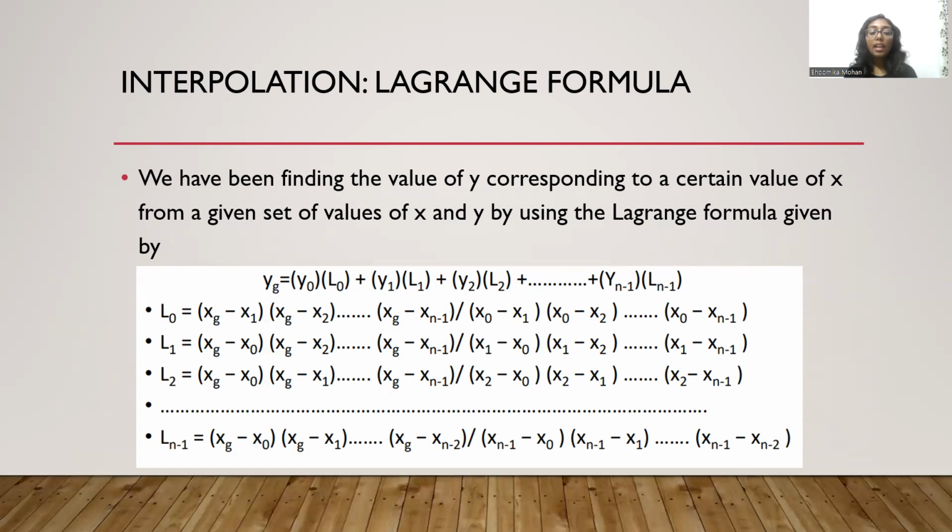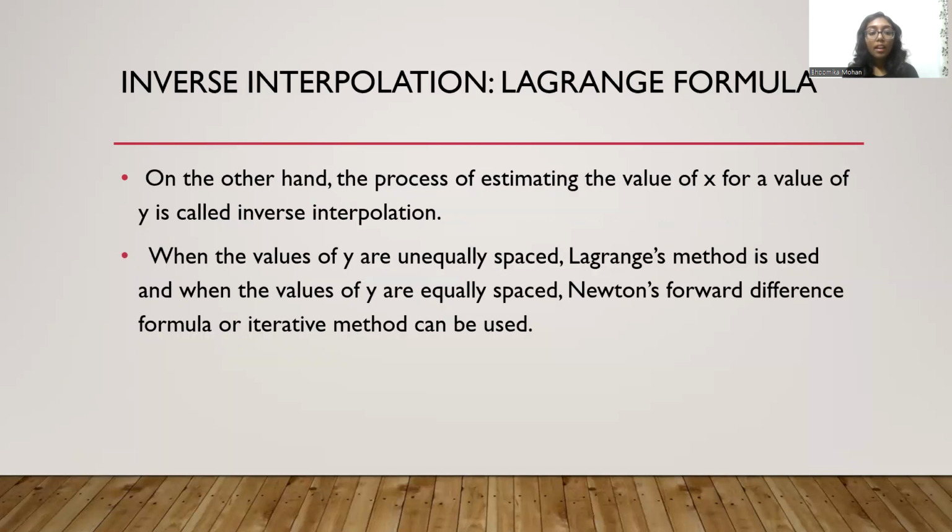So on till Ln minus 1 equals xg minus x0, xg minus x1 till xg minus xn minus 2 divided by xn minus 1 minus x0 into xn minus 1 minus x1, so on till xn minus 1 minus xn minus 2.